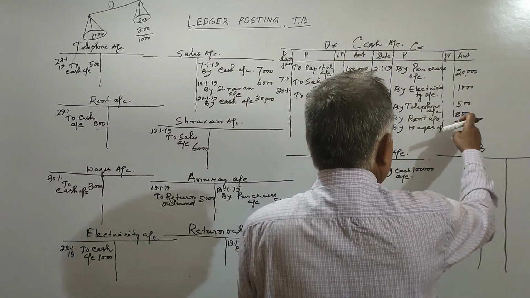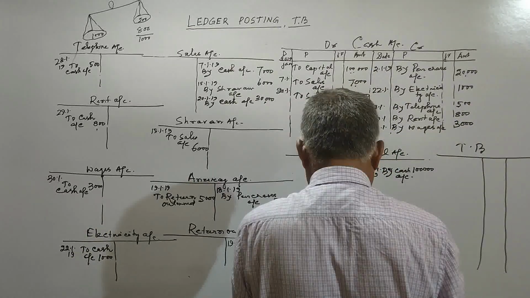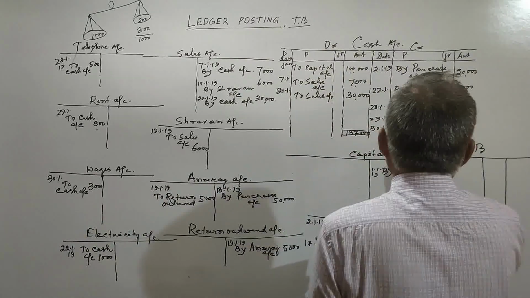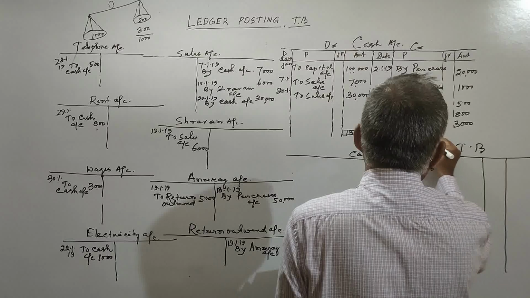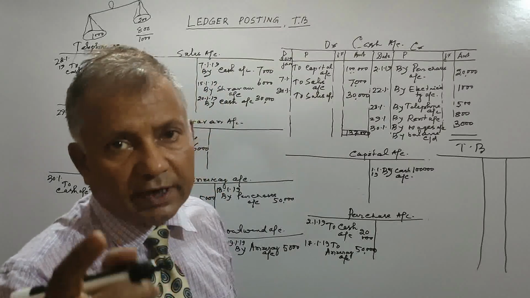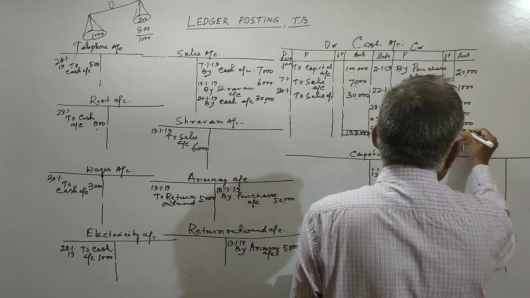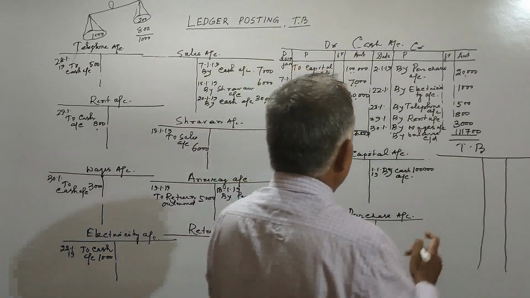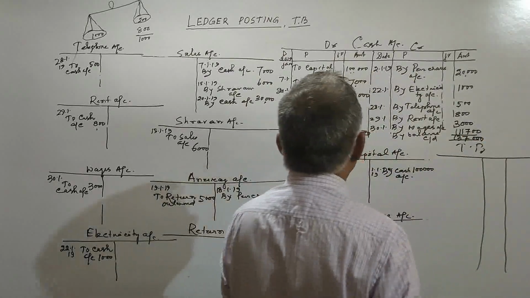Just deduct all these things. 1,11,000. So by balance CD, carried down, it will continue to the next period. Therefore, it is called carried down, continue to the next period. 1,11,700. So this will be total 1,37,000, right?